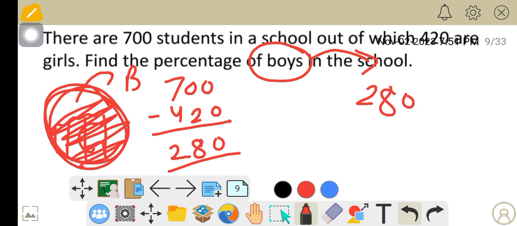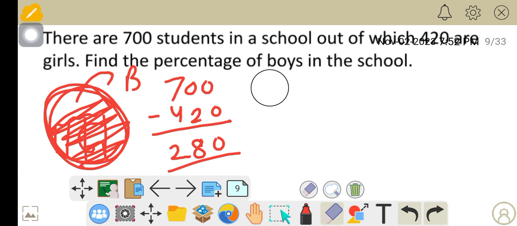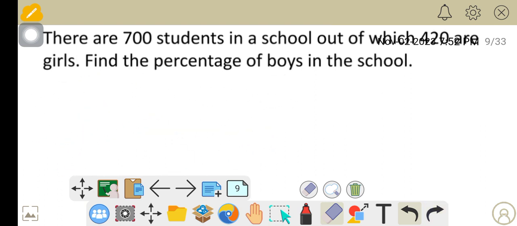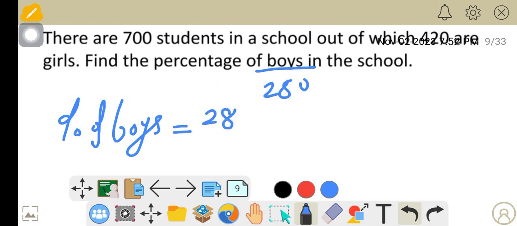But we do not need to count the number of boys in the school; the required question is to calculate the percent of boys in the school. For this we needed the number of boys, which we have calculated as 280. So now we can start the question. Percent of boys equals total number of boys 280 divided by total students 700.